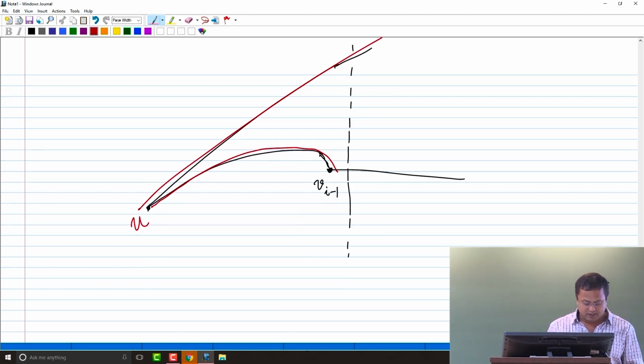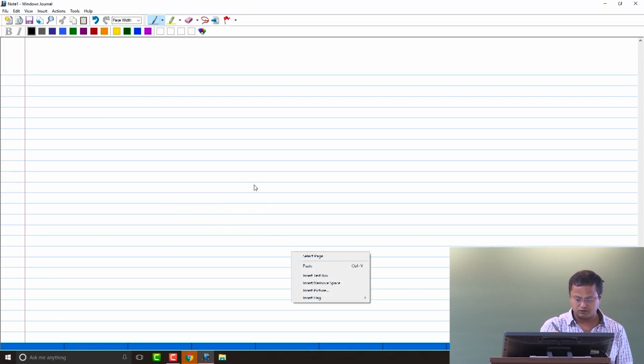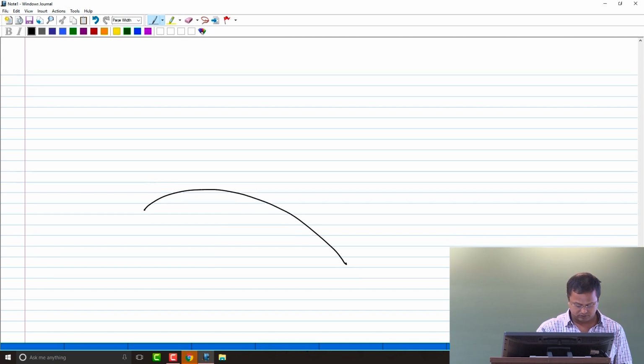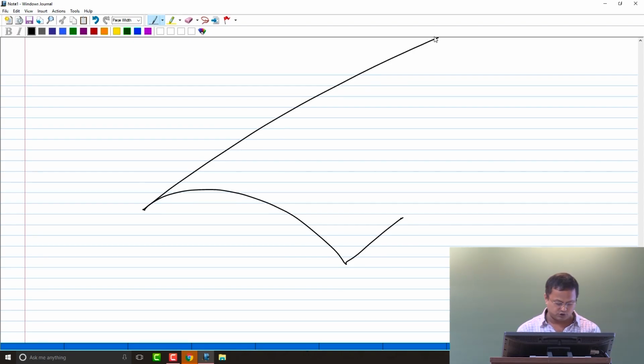There can be the other case where this chain may be of this fashion. This can also happen. This was your V I minus 1 and this is your V I. So, V I is on the same chain.